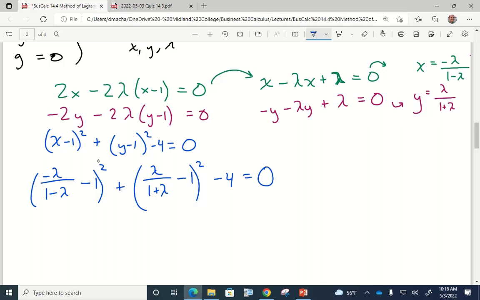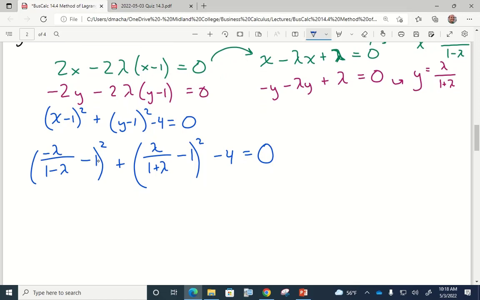I guess the right thing to do right now would be to expand out these squared factors right here. Whenever I take this and square it, I'm going to have negative lambda squared, which is just the same thing as positive lambda squared. And then in the denominator, I'd have 1 minus lambda squared.